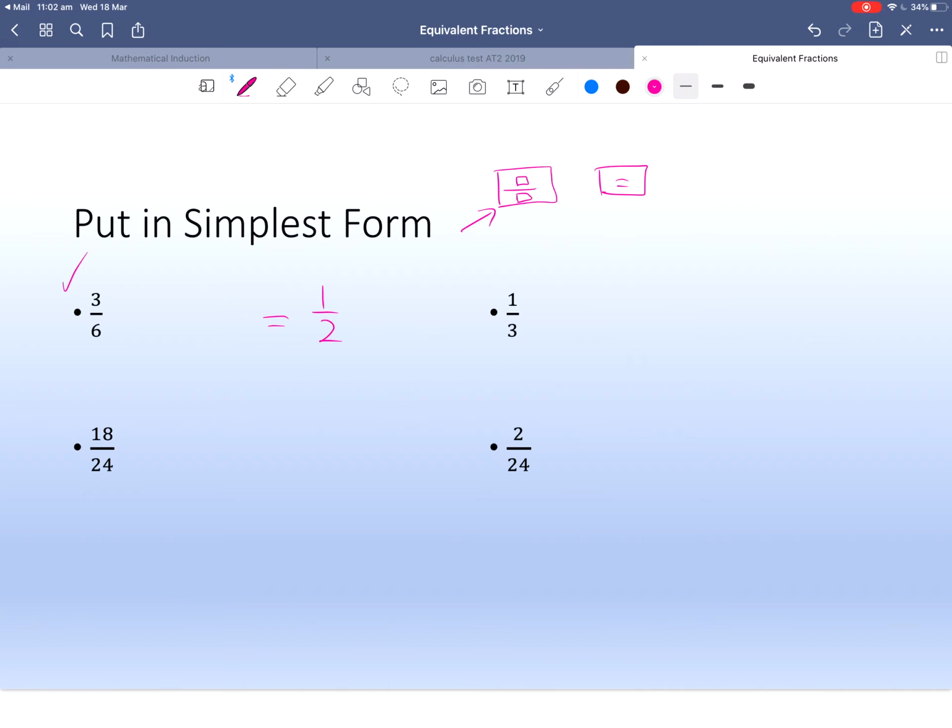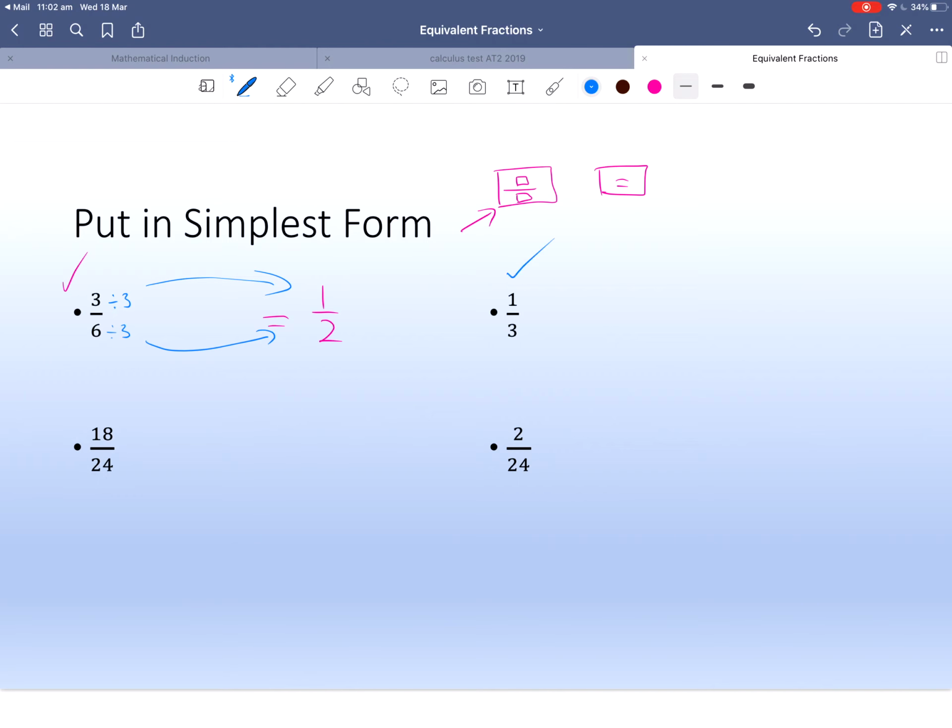But let me explain how it works. What's a number that goes both into 3 and 6? 3. So I'm going to divide 3 by 3, which equals 1. And then I'm going to go 6 divided by 3, which equals 2. Oh, that's simplest.